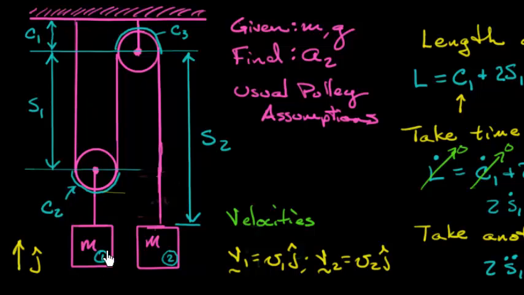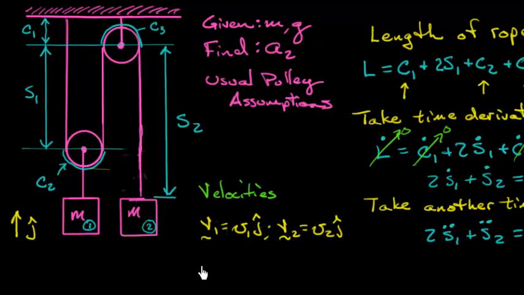So let me write this and see if it makes sense. I'm going to say that v1 is equal to minus S1 dot in the j hat direction. How does that make sense? So again, if S1 dot is 2 feet per second positive, then that means block 1 is moving downward at 2 feet per second.